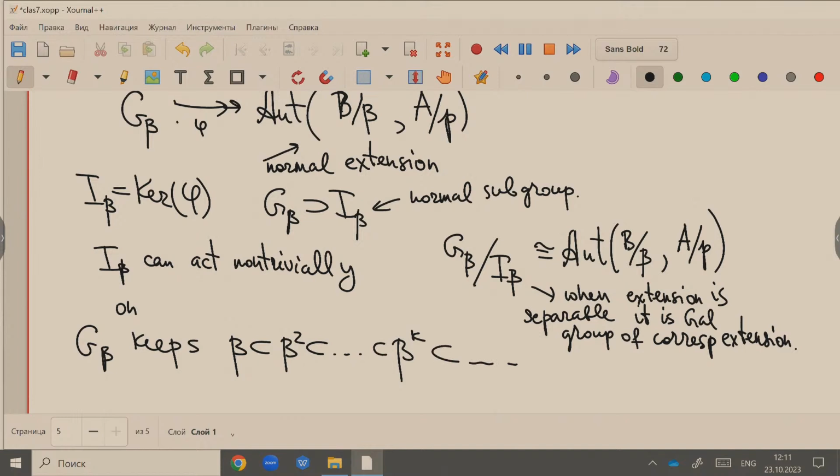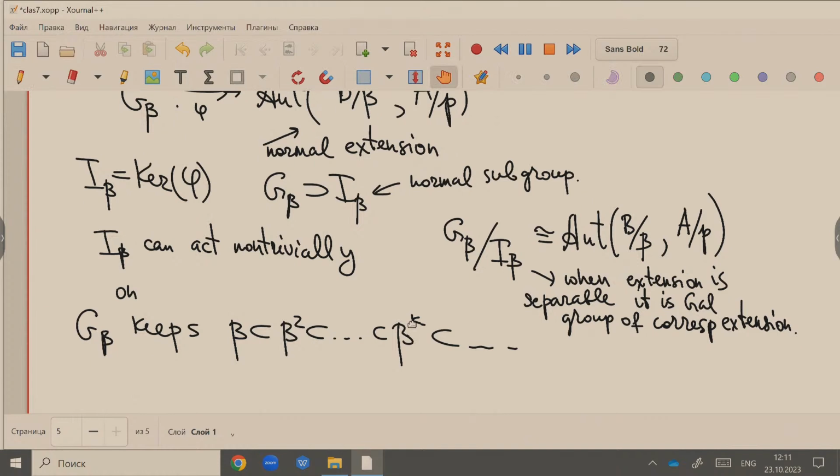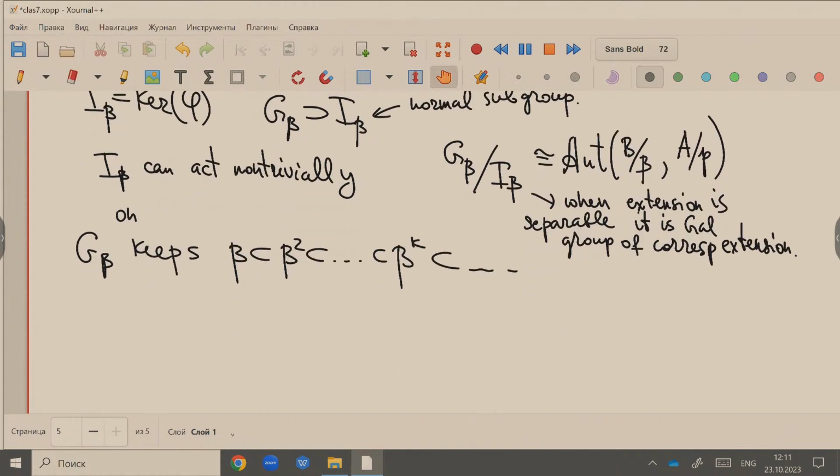So it keeps this flag, but it can act non-trivially on the quotients.